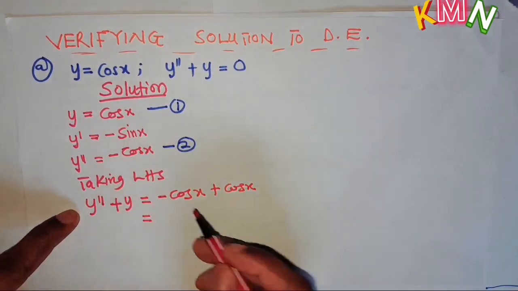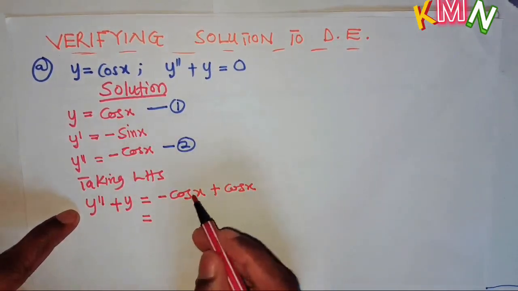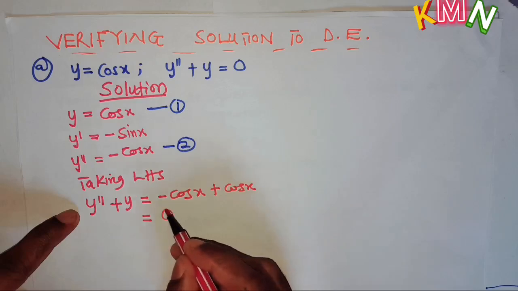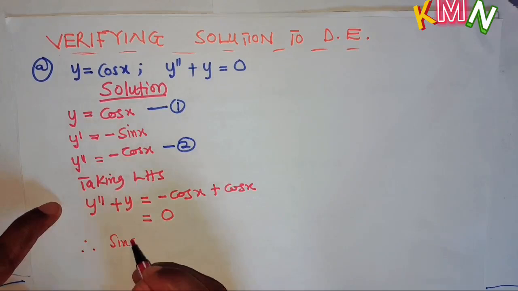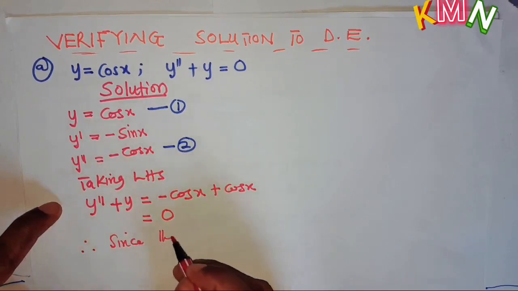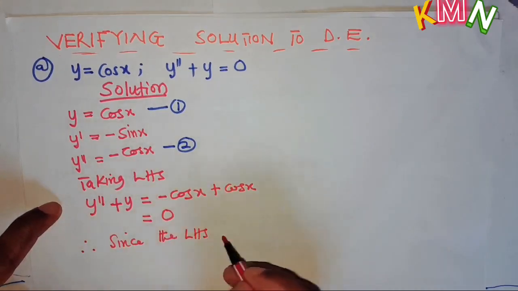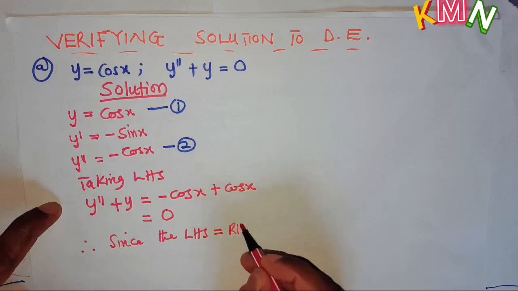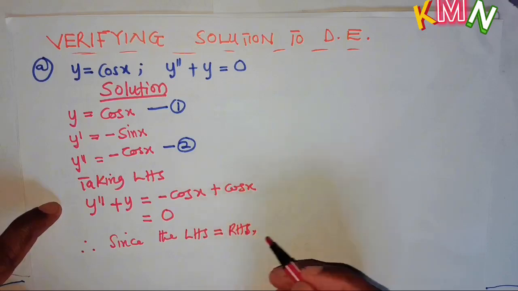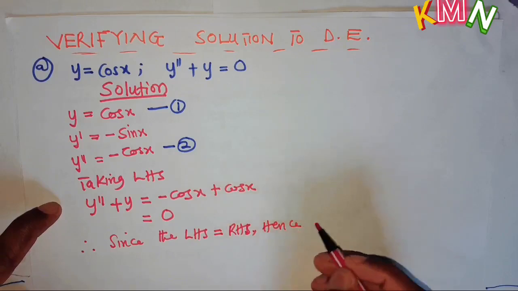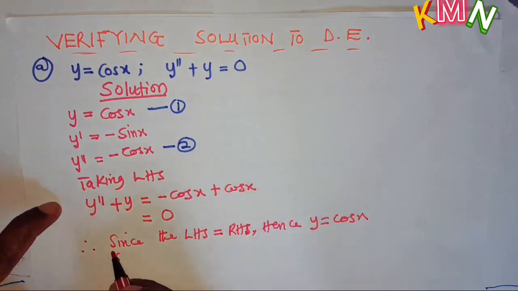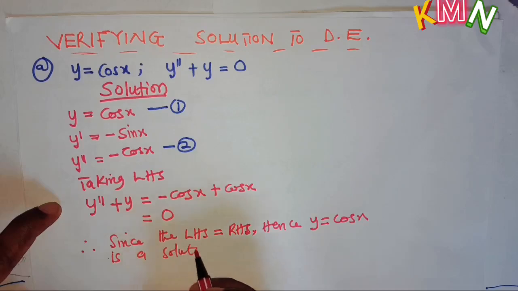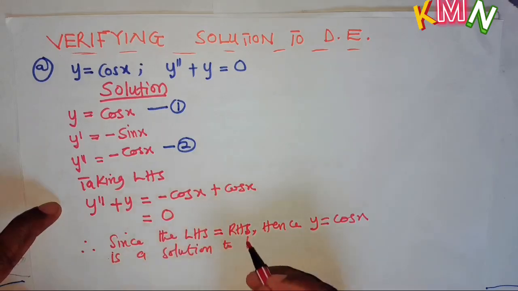And clearly, you can see that we are going to get negative plus positive, so that will be 0. So we conclude that since the left hand side is the same as the right hand side, hence y equals cos x is a solution to the differential equation.